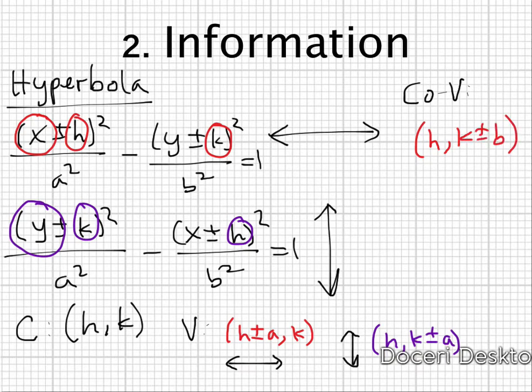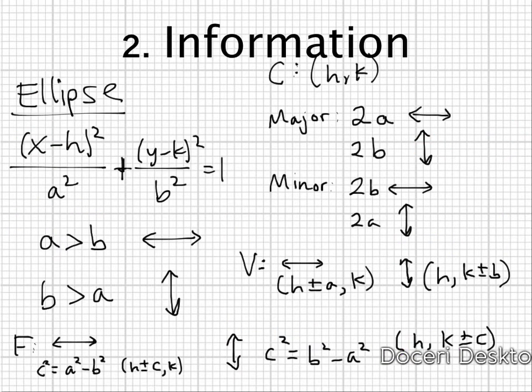And for the up and down, we're affecting the x value, so it'd be h plus or minus b, comma k. So it's just the opposite. It's the same thing, only we switch our a and b and we affect the opposite value, either k or h. And the same thing goes for an ellipse as well. I didn't talk about that, but it works here as well.